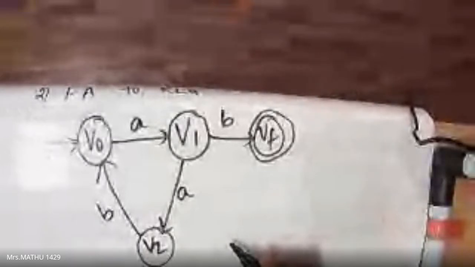V0 is the initial state; on A it goes to V1, and then on B it goes to the final state, and here on A it goes to V2. Okay, this is the input. That is, the given input is a finite automata. Now this has to be converted into a right linear grammar.